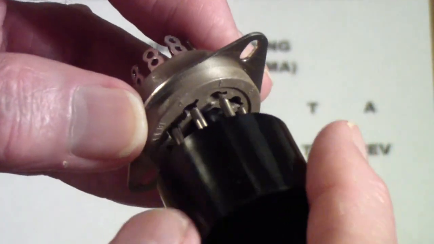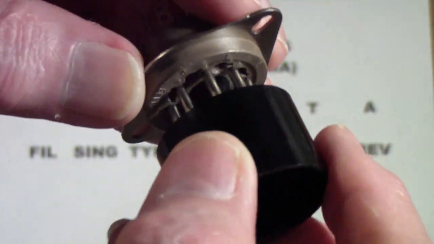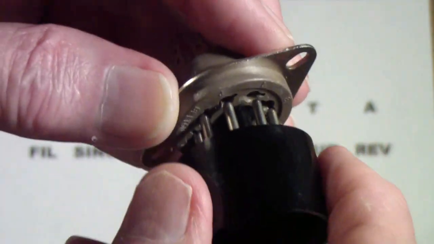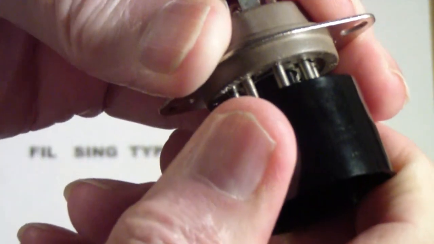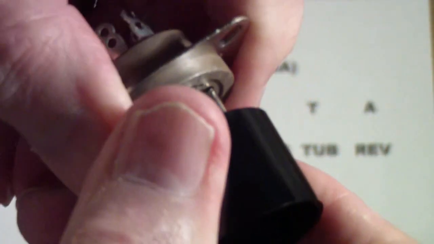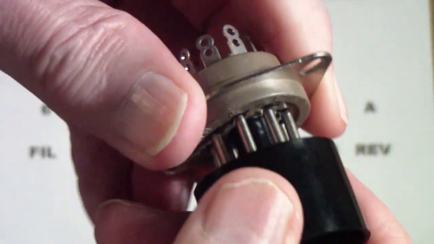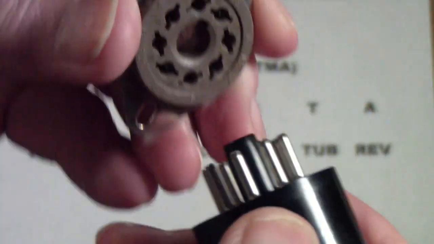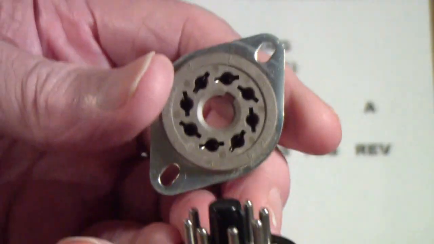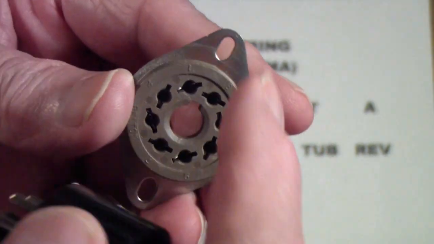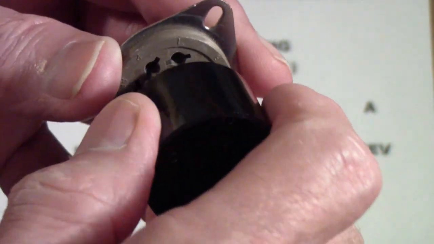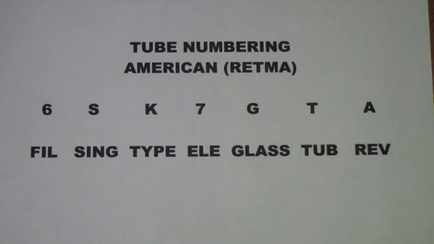And if you rotate that until the keys line up, right there, then you can plug these together. I won't do that because these are both new. They've never been used. They're what are called new old stock. And so they're a little bit tight. But the idea was 8 pins on the bottom with a keyway so that you can line the pins up.